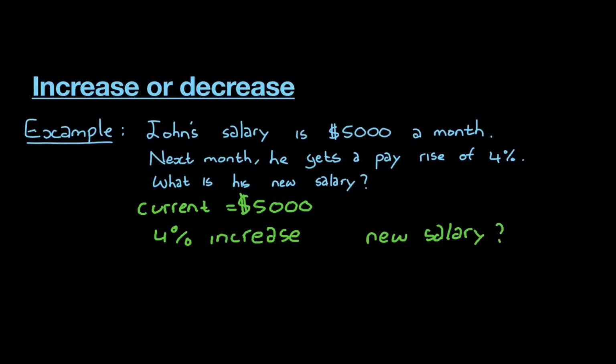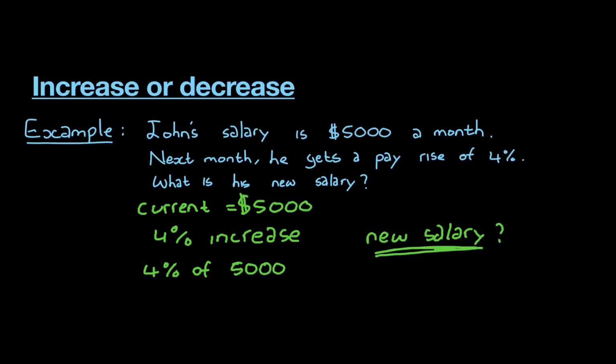Now I'll show you two ways to do this. The first way is to find 4% of 5,000. This will give you a certain proportion, the 4%. And to find his new salary, you would add this to his original salary.